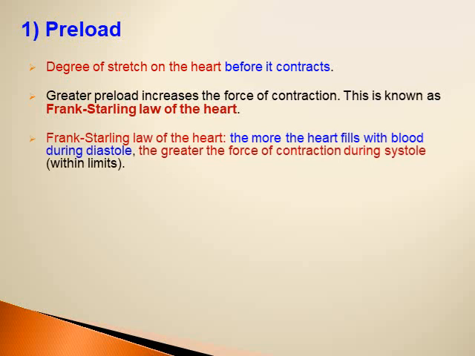Frank-Starling law of the heart states that the more the heart fills with blood during diastole, and here we are talking about the ventricles mainly, the greater the force of contraction will occur during systole. Of course, like any other physiological system, it is within limits. If we exceed the limits, then the force of contraction will decline dramatically, and this is what happens in heart failure, as you will see in phase 2 inshallah.